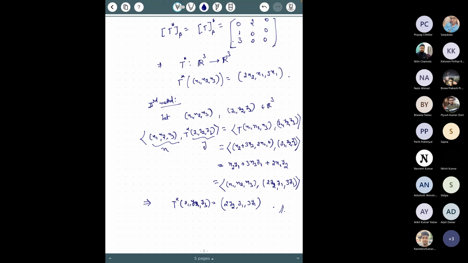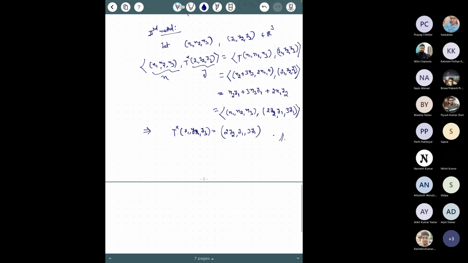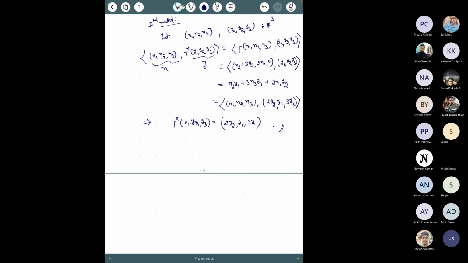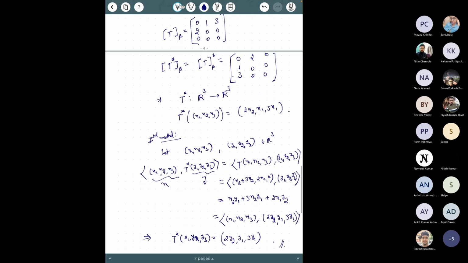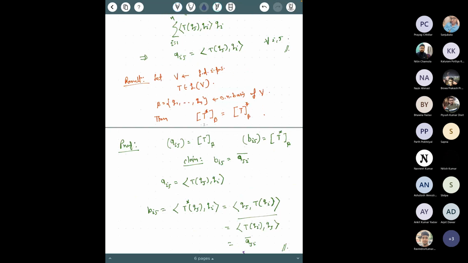All right, let me move further. So what can we observe from here? Now we know a way to relate the adjoint of a matrix to the adjoint of a linear operator. Because of this result, if we choose an orthonormal basis, then the matrix of T star is just the adjoint of the matrix of T.